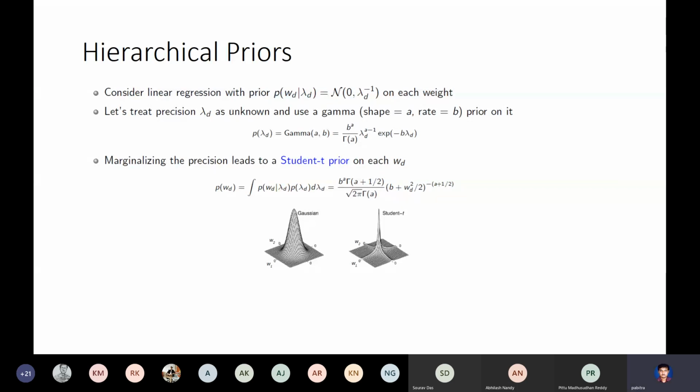In this regression, if you have all these crafted priors, you can make most of these WDs close to 0 and work with a few non-zero WD. That would be called a sparse regression. There are many methods like lasso and other methods for sparse regression, but the basic idea is you just play with your prior and force many of them to be 0.